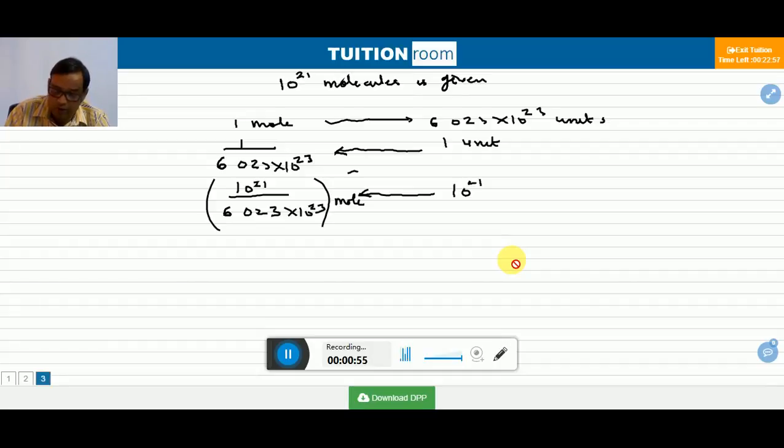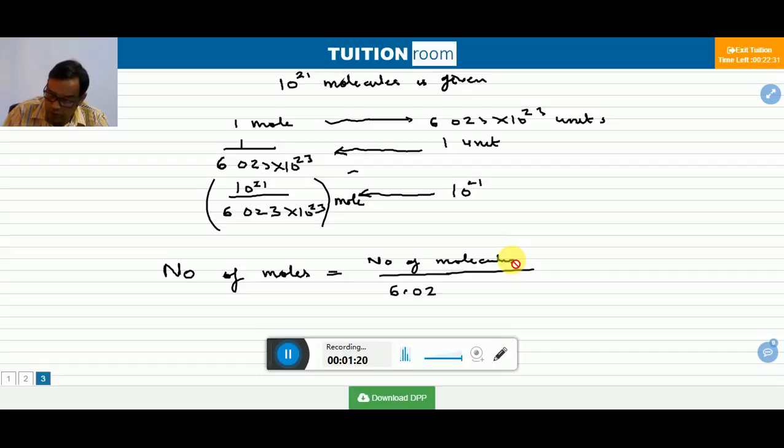Therefore, we will write number of moles is equal to number of molecules divided by Avogadro number, that is 6.023 into 10 to the power 23. So this is the mole.